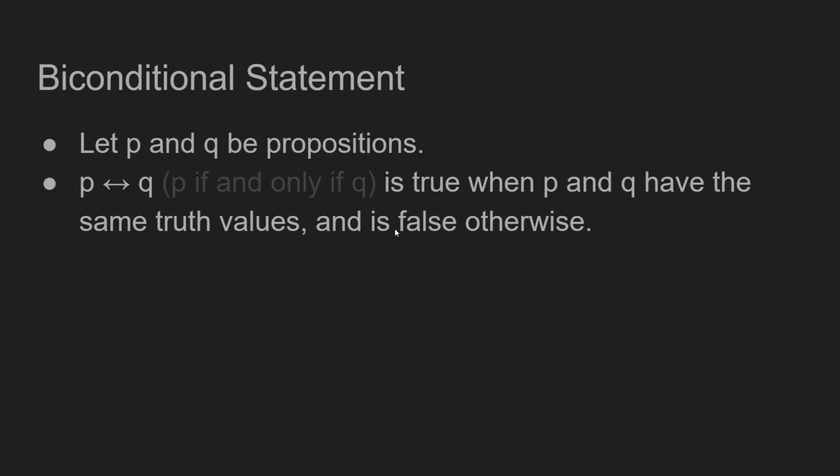That means if P is true and Q is also true, then the biconditional will be true. And if P is true but Q is false, then the biconditional will be false.